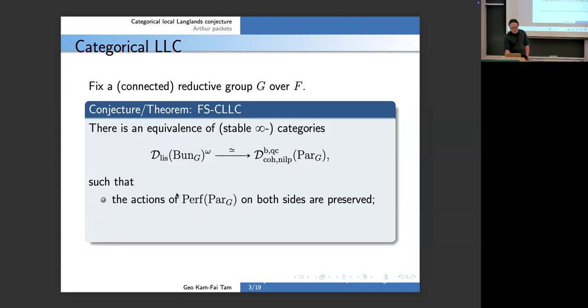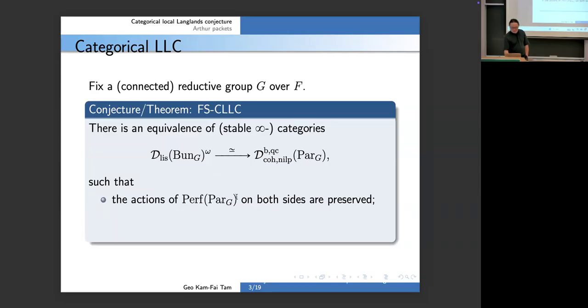As a subcategory, of course, it has a canonical action on the right-hand side, but on the left-hand side, the action is given by the so-called spectral action by Hecke operators. So I will mention that a little bit later.